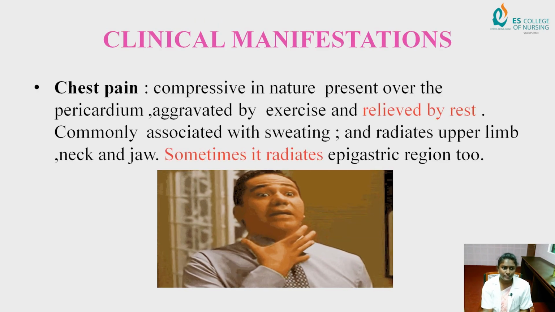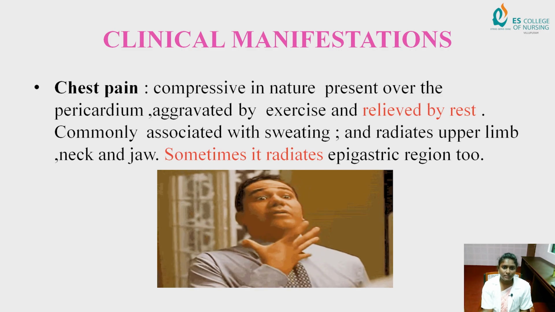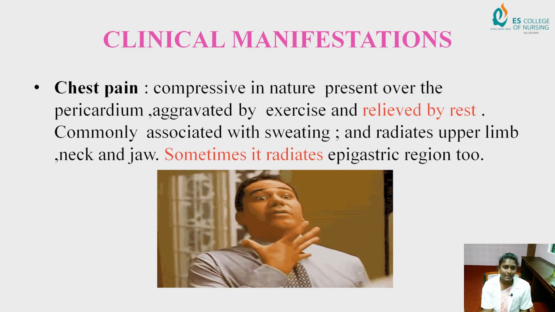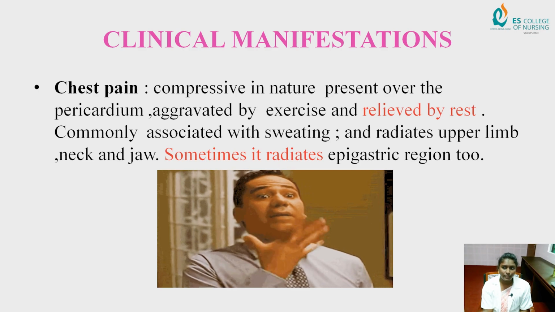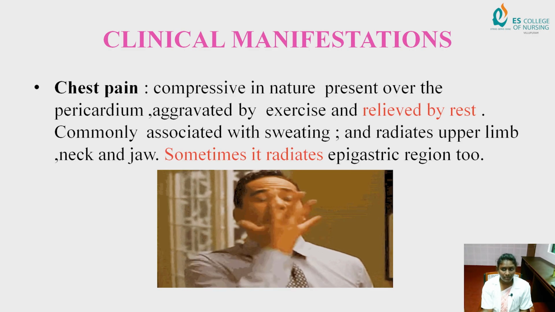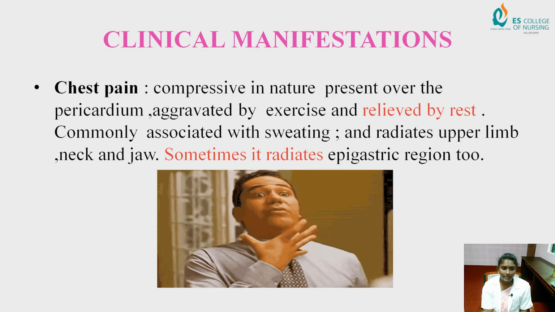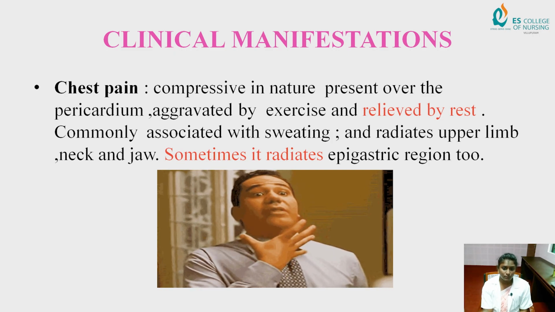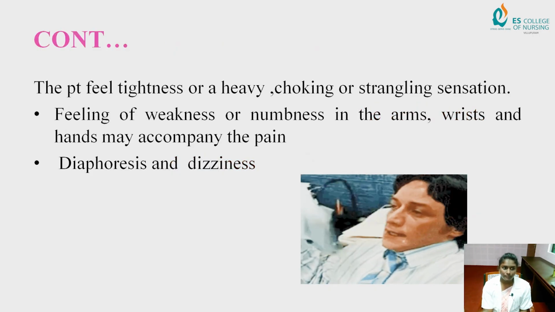Then the clinical manifestations: chest pain, compressing in nature, present over the pericardium, aggravated by exercise and relieved by rest. It is commonly associated with sweating and radiates to the upper limb, neck and jaw. Sometimes it radiates to the epigastric region also. The patient may feel tightness or a heavy choking or strangling sensation.